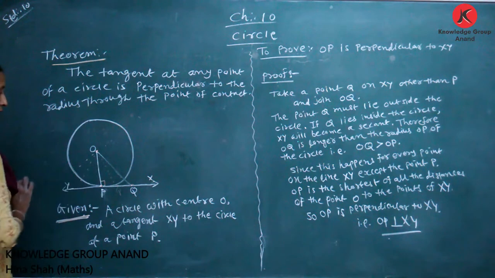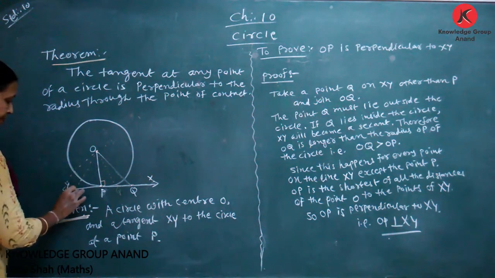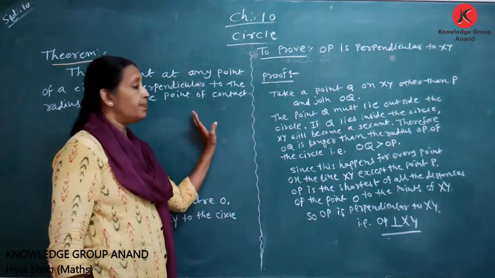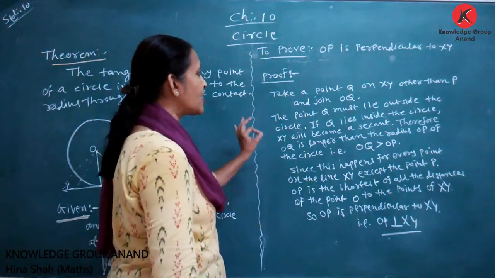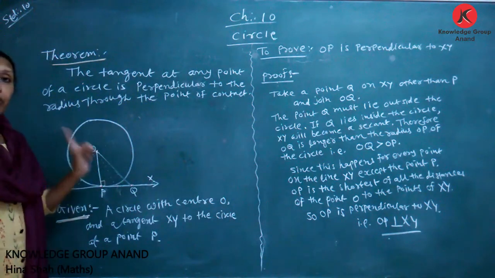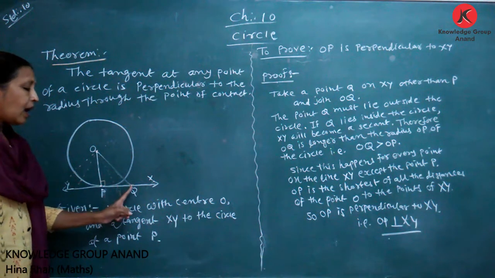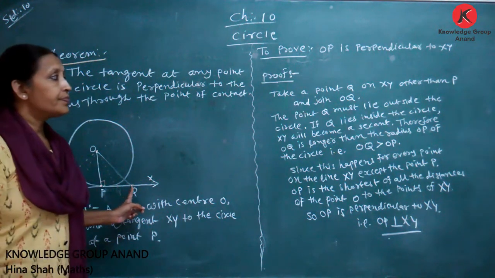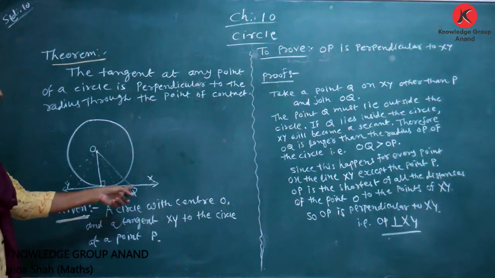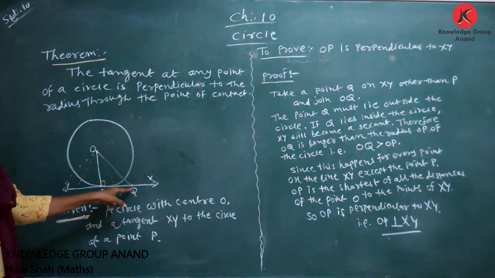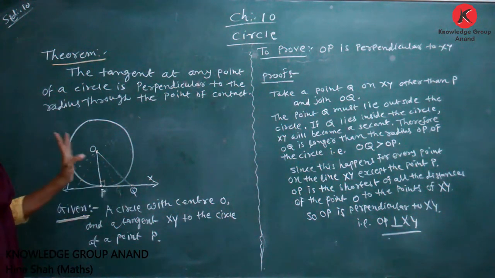The point Q must lie outside the circle, not in the circle, not on the circle, but Q lies outside of the circle.